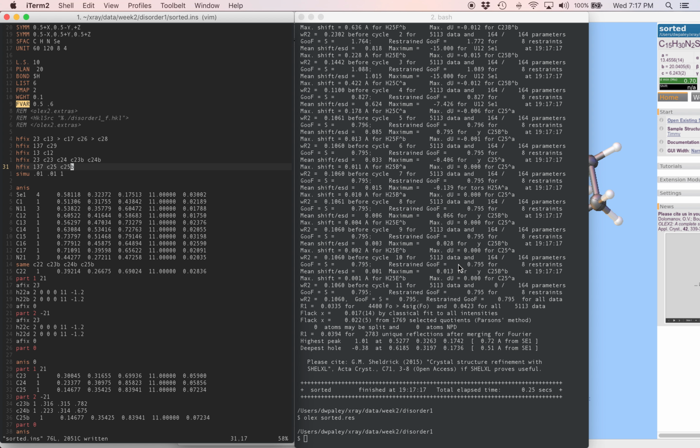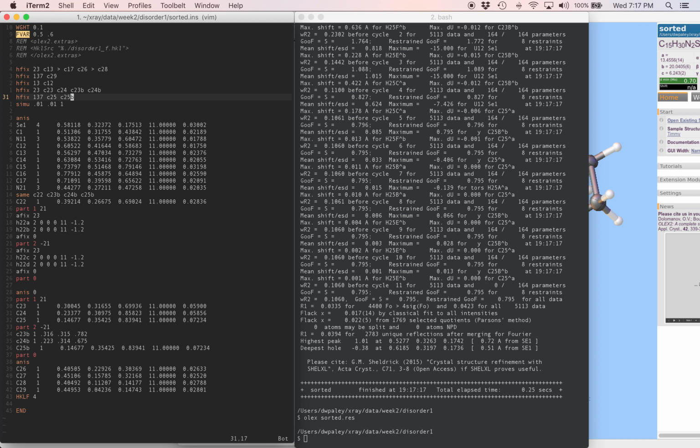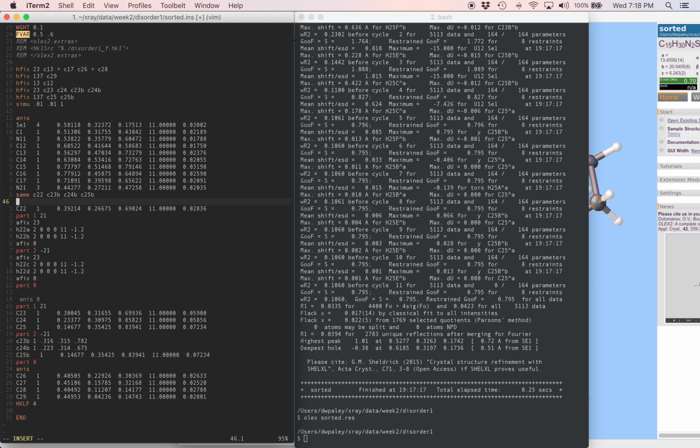We do need to make the disordered atoms anisotropic, and to do that, all we need to do is get rid of this ANIS 0 instruction that we put in to stop them from becoming anisotropic. At the same time, we want to make sure to restrain those anisotropic ADPs, again same as with the geometry.